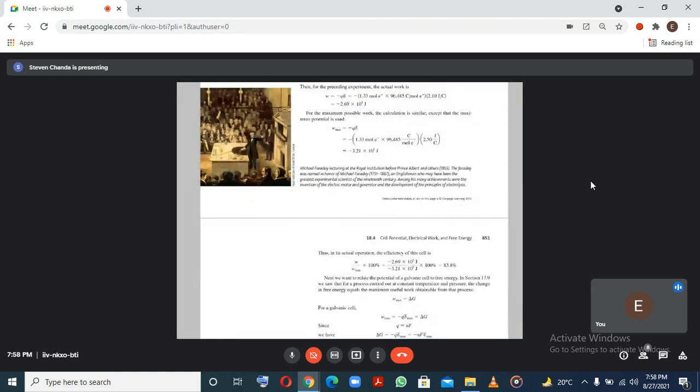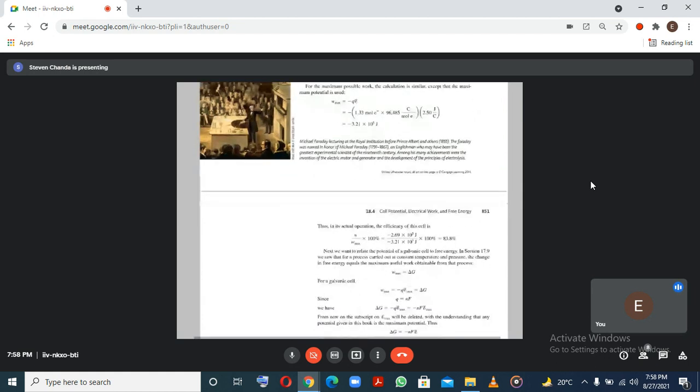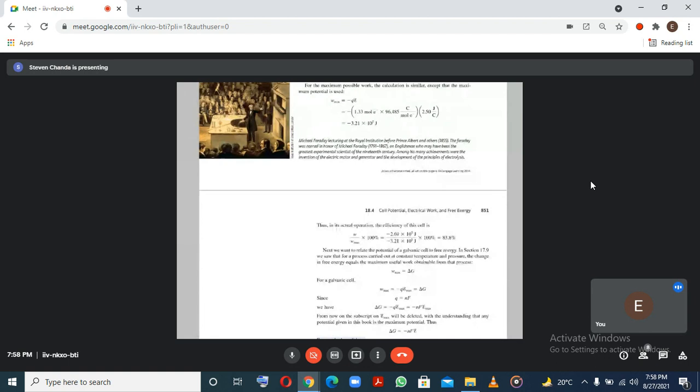We already calculated the actual work that was produced, and I explained how to do it. You can check the previous video. Then for the maximum work possible, the number of moles is the same and Faraday's constant is the same. Let's do the calculation.